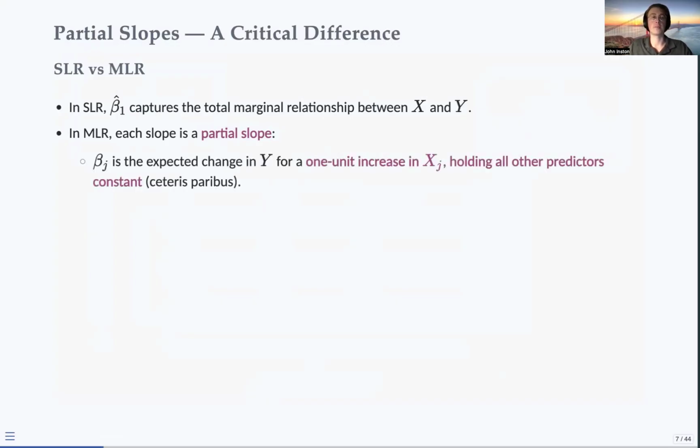So the idea is that beta j corresponding to predictor j is the expected change in y for 1 unit increase in xj, given that we keep all the other predictors constant. So given that we fix the values of all the other x's, then beta j describes the change in y for every 1 unit increase in xj.